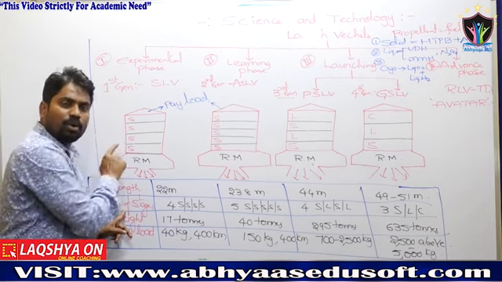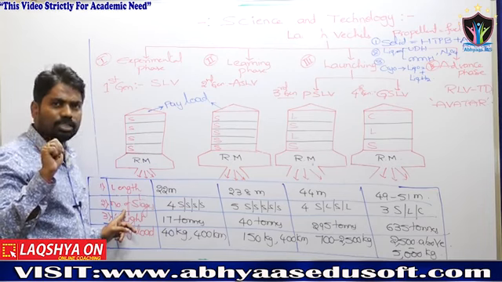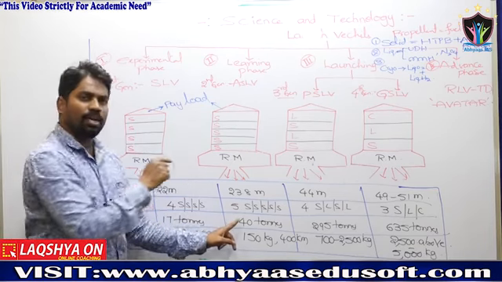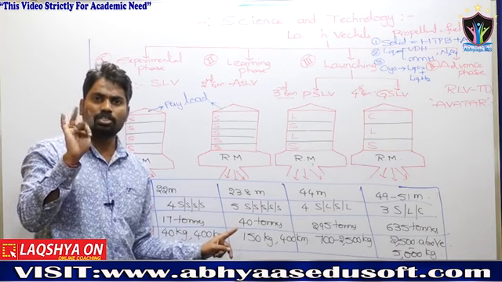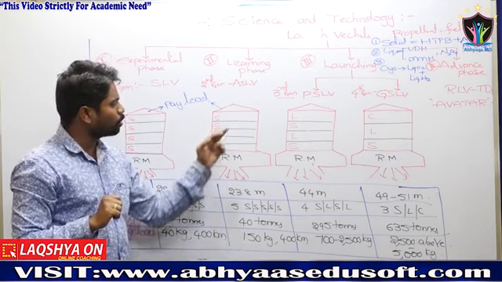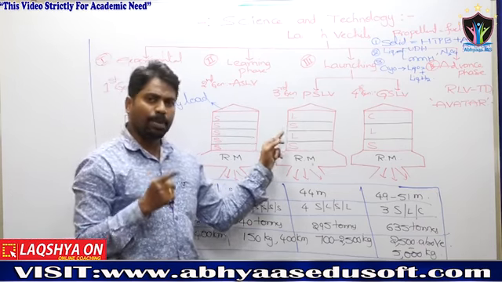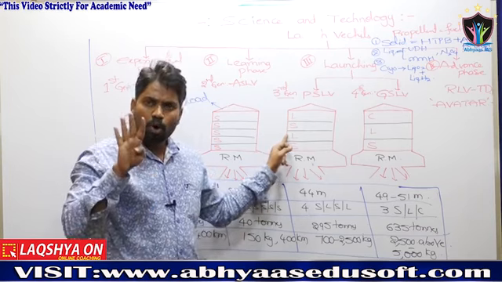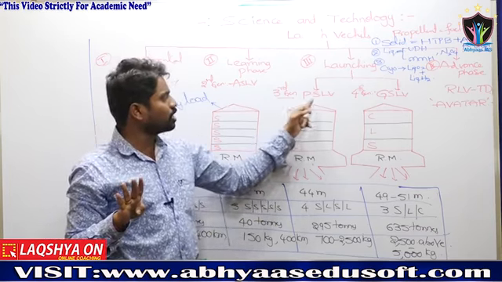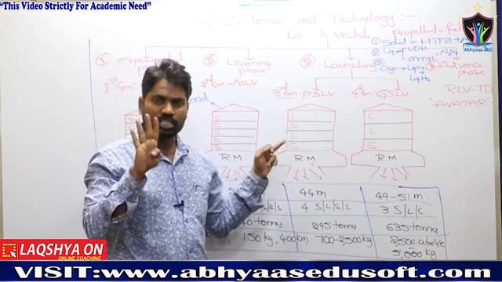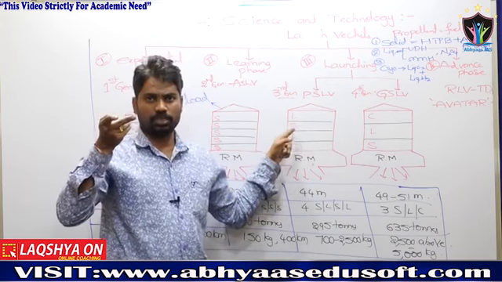As well as the number of stages. The SLV has 4 stages, in all the stages solid. The ASLV has 5 stages, solid. In all compartments, filled with solid propellant. PSLV has 4 stages, 3rd generation launching vehicle, 4 stages, solid and liquid alternatively.